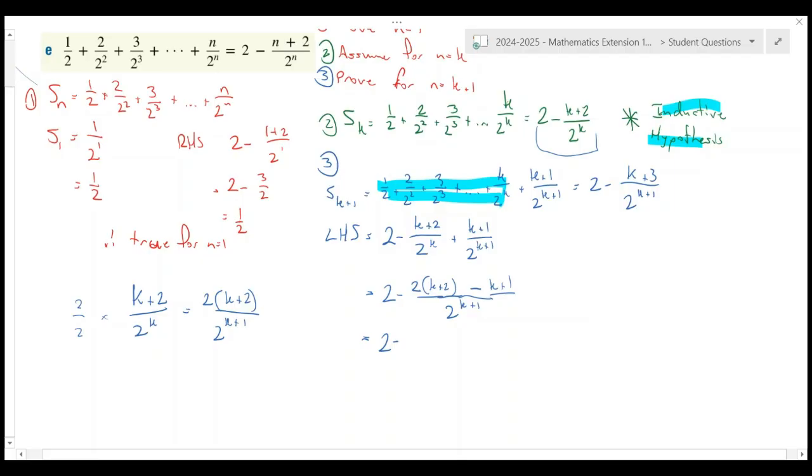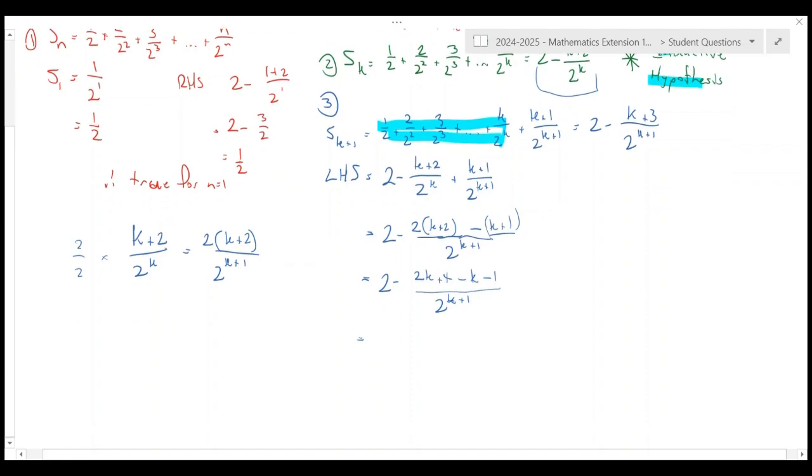When you do that, and I think that's actually where I made the mistake last time, that threw me. So I end up with 2 minus, and I expand this out. I get 2k plus 4 minus k, and that should actually be like that, minus k minus 1 over 2 to the k plus 1, which gives us 2 minus k plus 3 over 2 to the power of k plus 1, which is equal to our right-hand side.